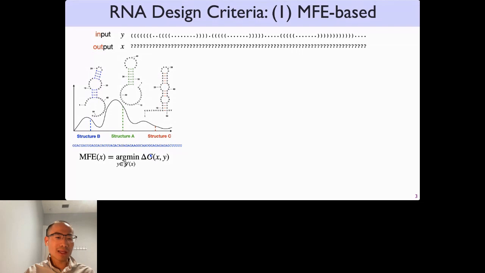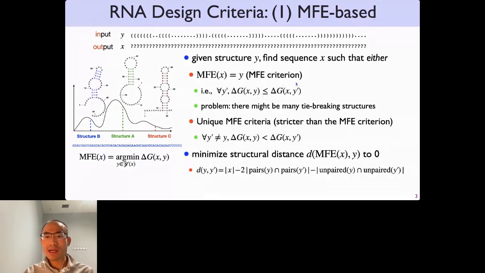The most important one is the structure with minimum free energy, which is called the MFE structure of X. So one popular design criterion is to find an X such that the MFE of X is equal to Y. However, there can be multiple structures with the same minimum free energy. So a stricter design criterion is to let Y be the only MFE structure of X.